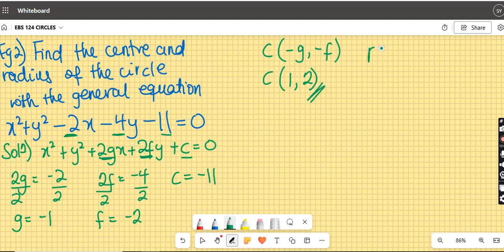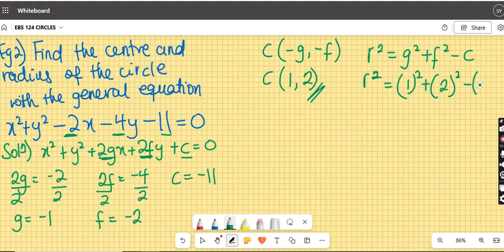Now what about our radius? Remember that r squared was given by g squared plus f squared minus c. So r squared will be equal to 1 squared, the x coordinate of the center, plus 2 squared, the y coordinate of the center, minus the constant of the equation, minus 11.